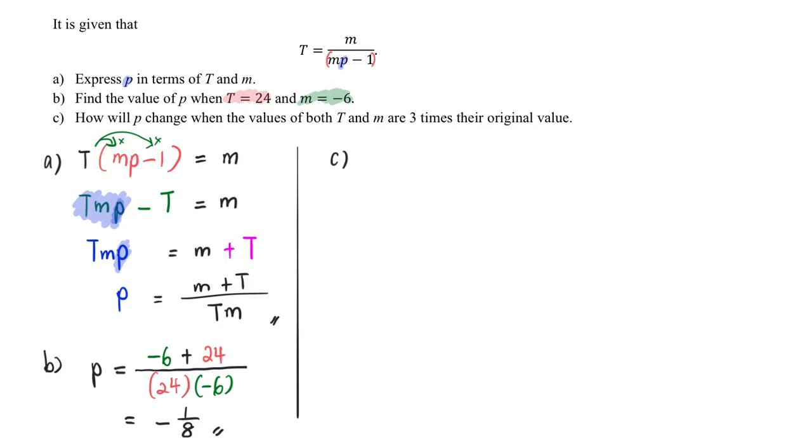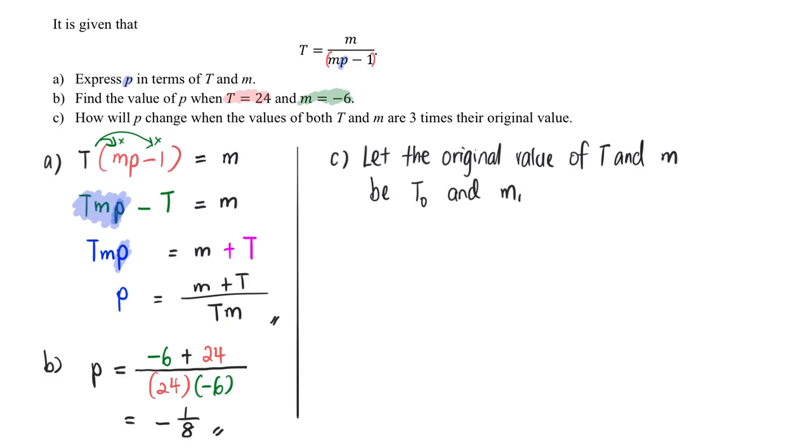So now we are going to let the original value of T and M be T0 and M0.